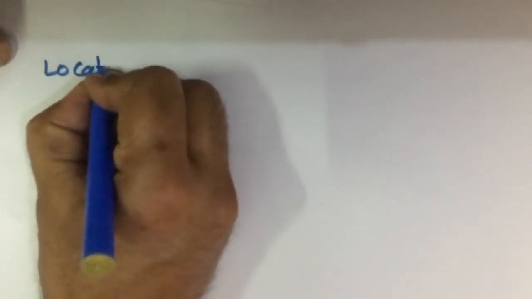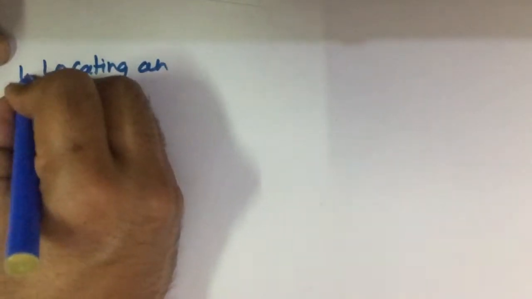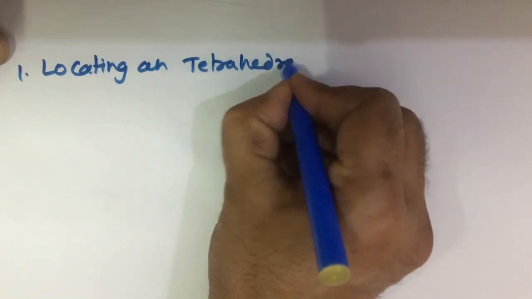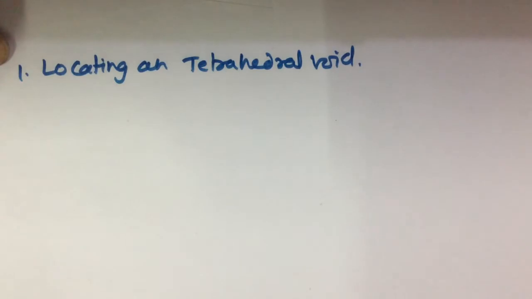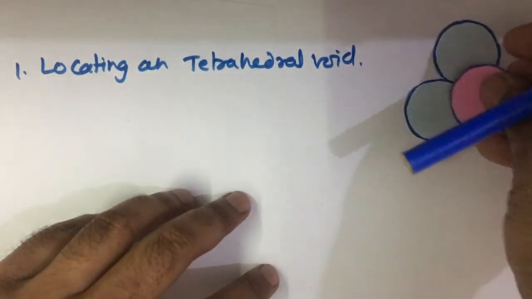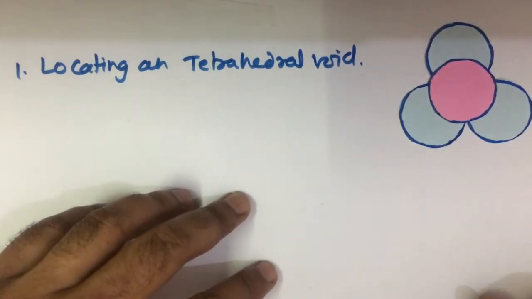So first locating a tetrahedral void. Now this is a representation of a tetrahedral void.